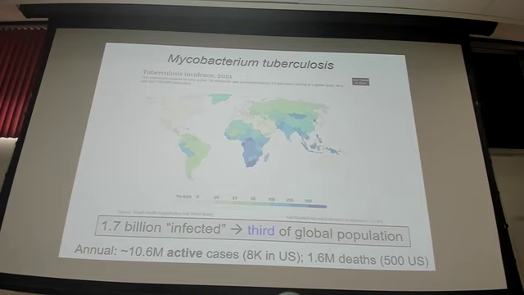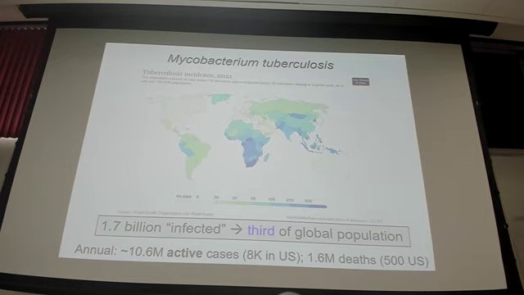Okay, quite a bit of epi in the next couple of slides here. In terms of the worldwide picture and the burden of tuberculosis globally, we have it pretty good in this country. That's sort of the takeaway for a lot of these slides. We try to keep our incidence rates low. As you can see on this heat map from 2021, some countries have a pretty high incidence rate of tuberculosis.